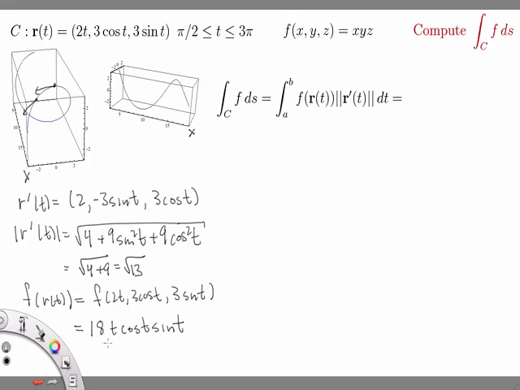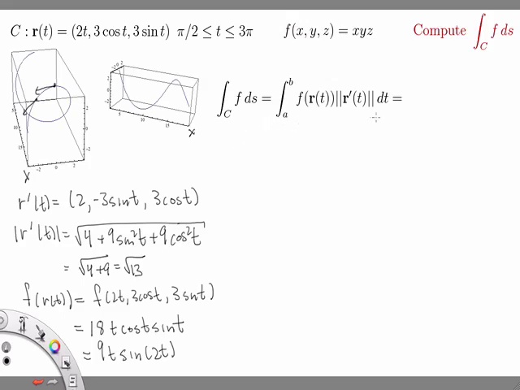So this is going to be the other factor of the integrand, and I'm going to use a trig identity right off the bat. This is 9t times sine of 2t. Sine of 2t is 2 sine t cosine t. So we'll just use a bit of trig there to rewrite that function.